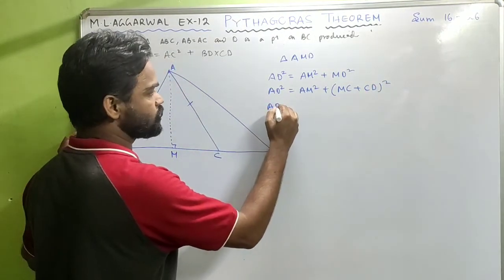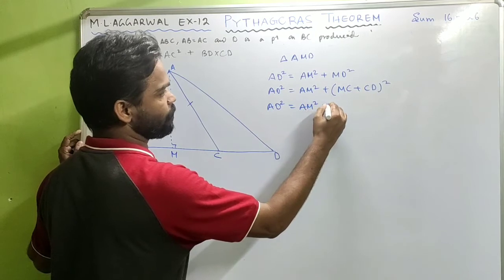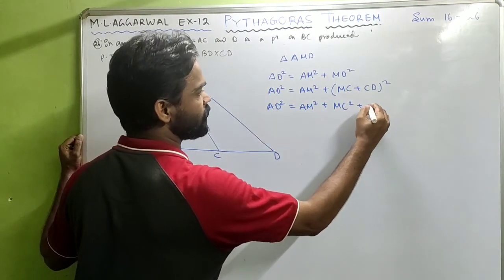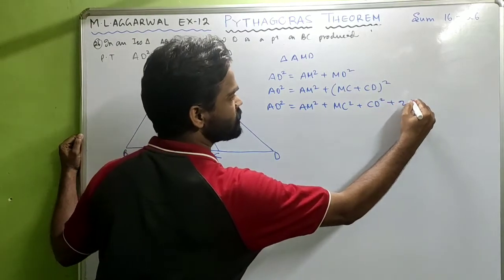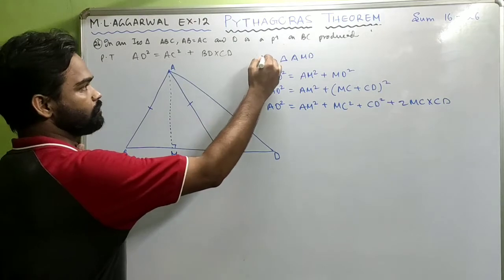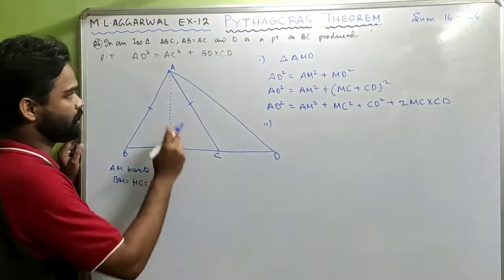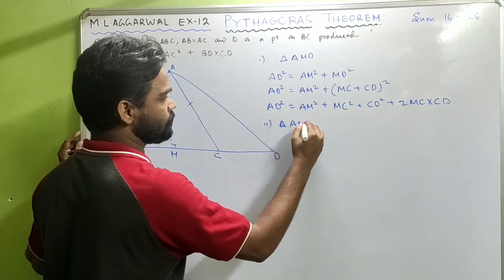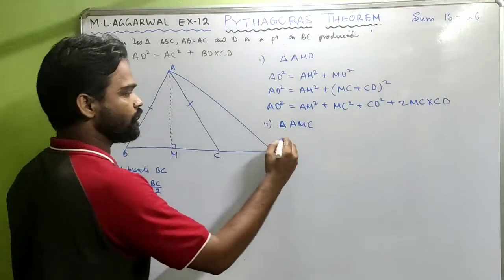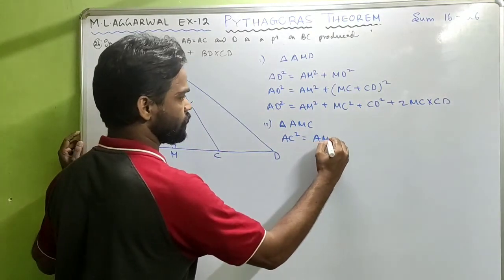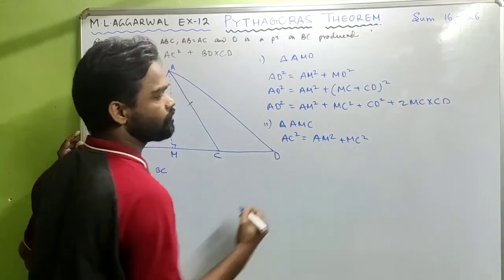Now AD square is equal to AM square plus, we'll just open the bracket. So this will be MC square plus CD square plus twice MC multiplied by CD. Done. Now look at triangle AMC. Over there, AC square can I write as AM square plus MC square.